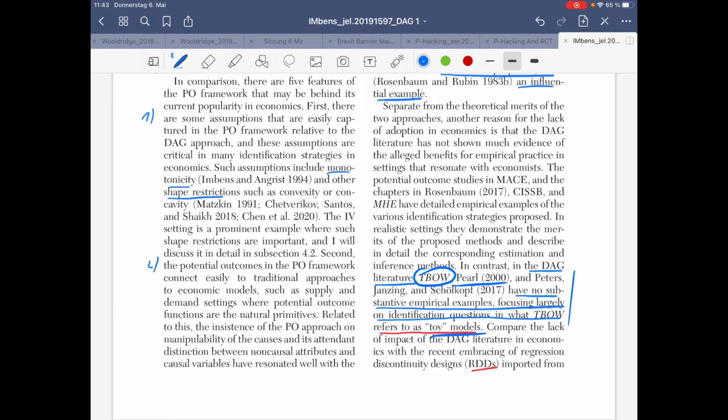And this is, for example, in contrast to other methods like RDD. RDD is also well known for decades, but has grown enormously in the last 10 or 15 years, just because it's useful. And you find a lot of papers using RDD, and we'll talk about some in this lecture.